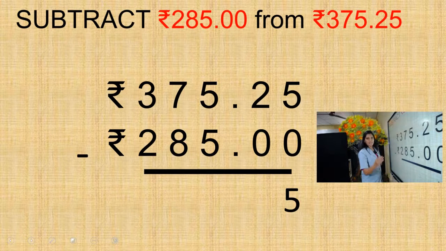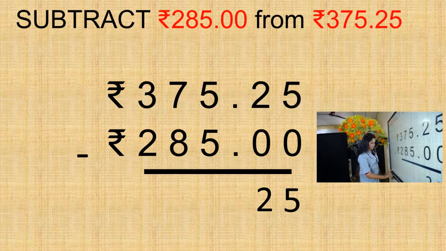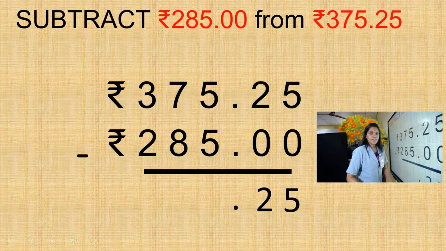What is 2 minus 0? You told me the answer, 2 itself. Now, the next thing is you have to put the dot like this. Now tell me what is 5 minus 5. It is 0. Right.